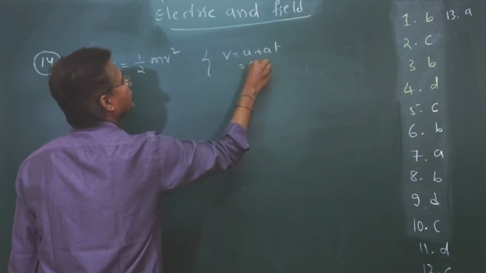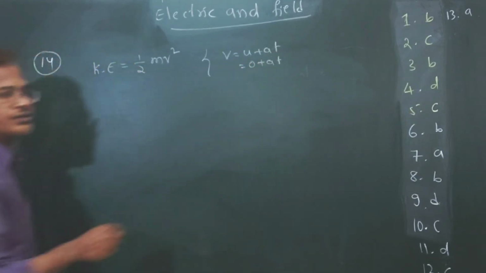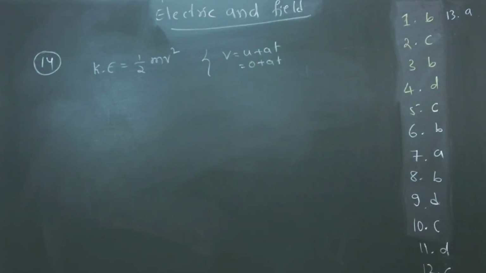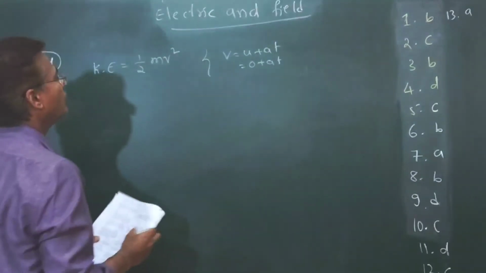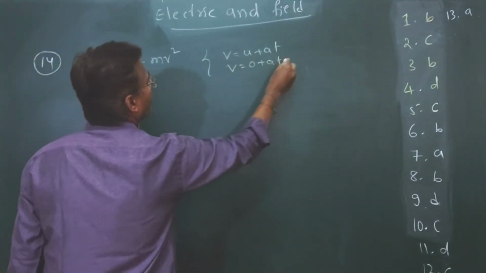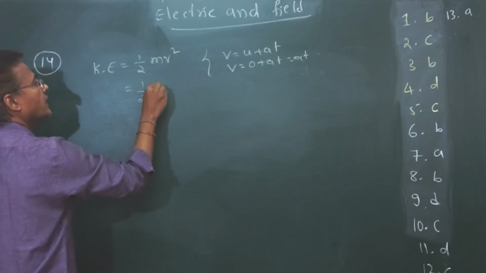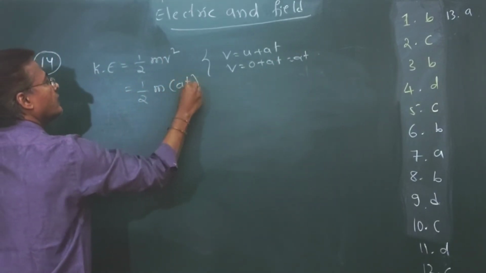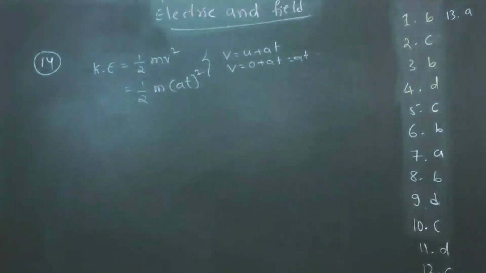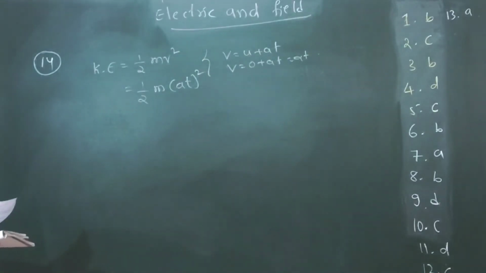Initially the particle is at rest, so the initial velocity u is 0. So v equals at. We can substitute here: half m (at) whole square, so a into t whole square.